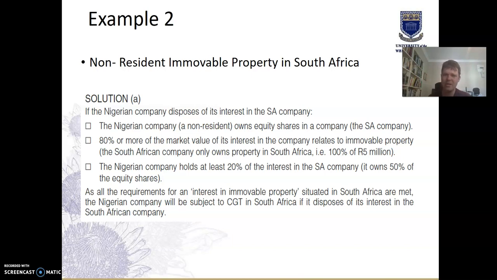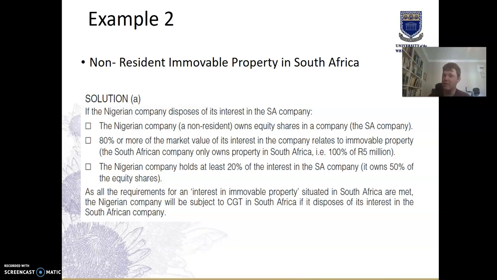In this case, how much is attributable to South African property? Well, it's 100%. Of the 5 million that we own, remember we only own 50% of the company, 100% of it is South African property, so we are definitely above this 80% threshold. Because we're above both, when the Nigerian company decides to sell its shares in the South African company, it will be subject to CGT in South Africa.